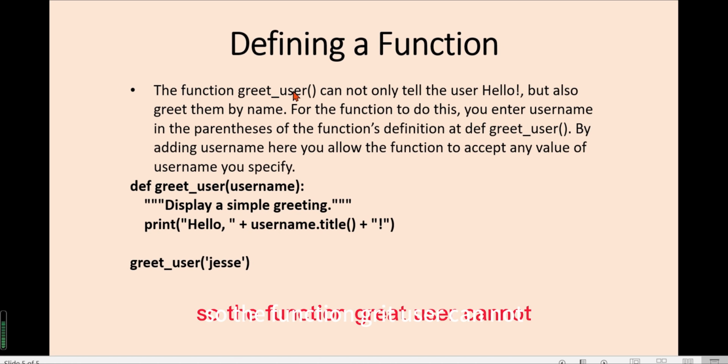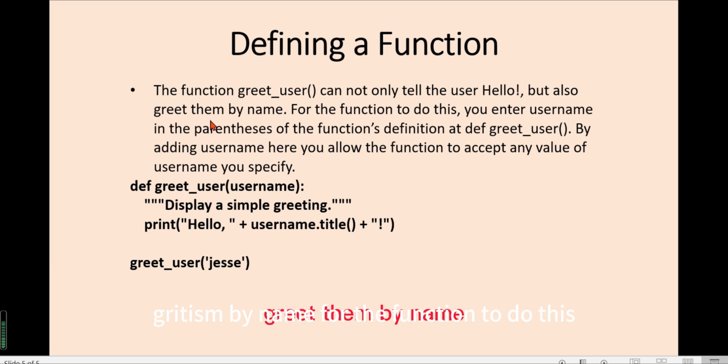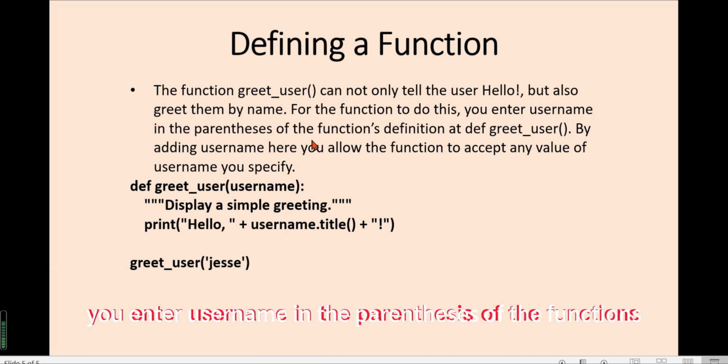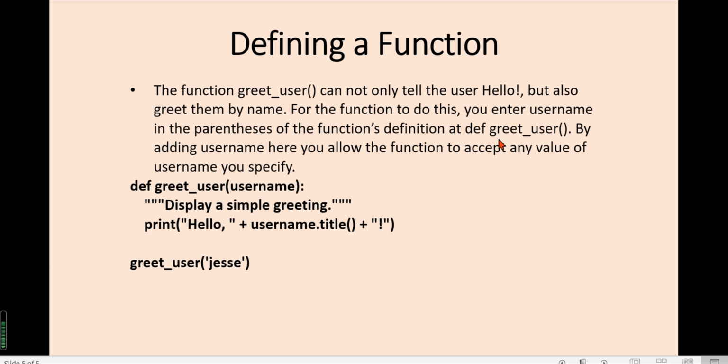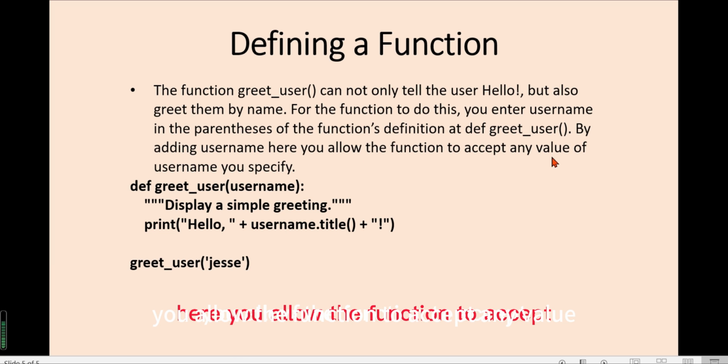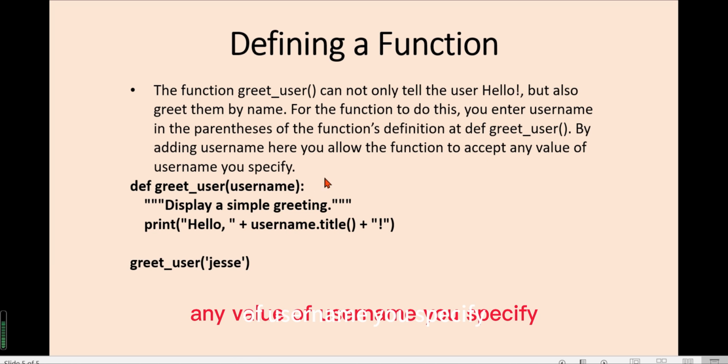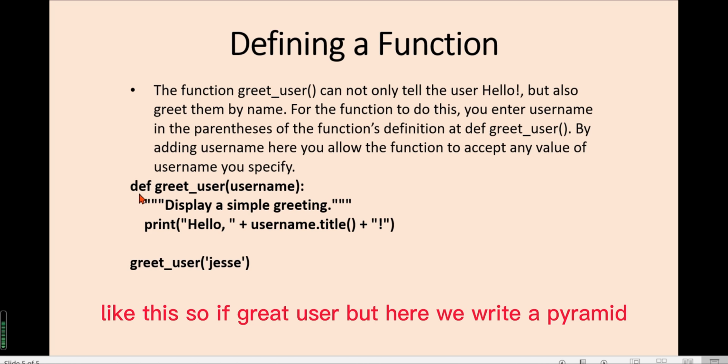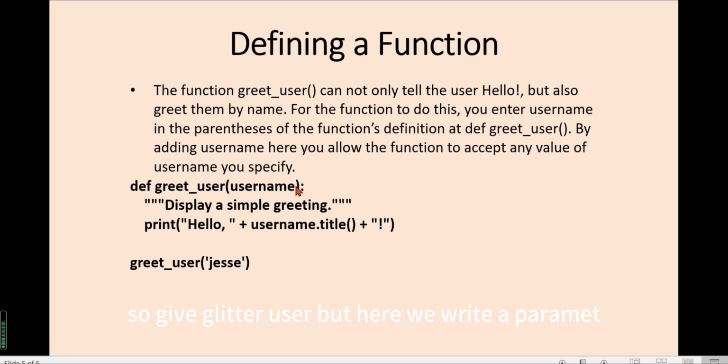The function greetUser can not only tell the user hello, but also greet them by name. For the function to do this, you enter username in the parentheses of the function's definition, at def greetUser. By adding username here, you allow the function to accept any value of username you specify. So we change the function like this: def greetUser, but here we write a parameter, or say an argument, called username.